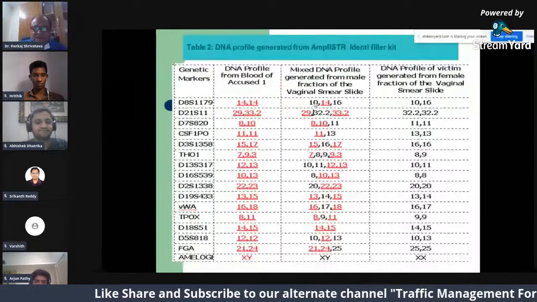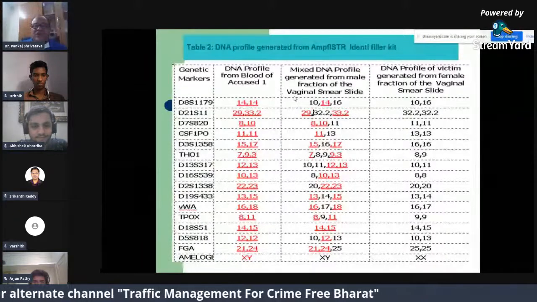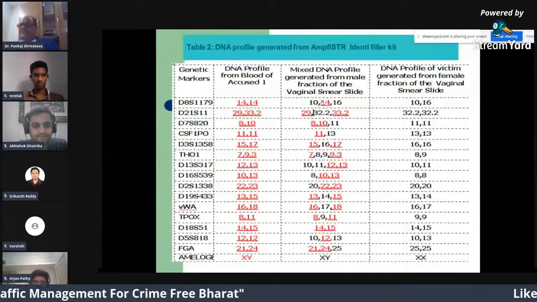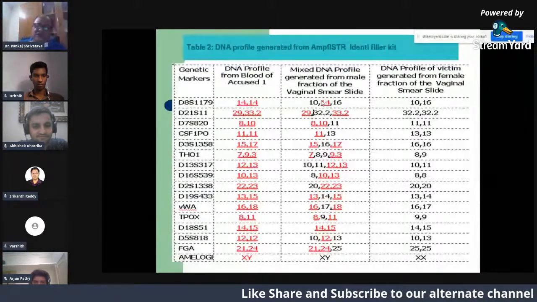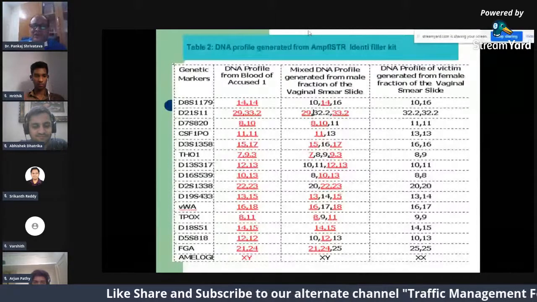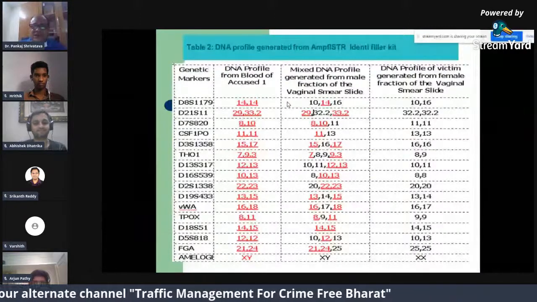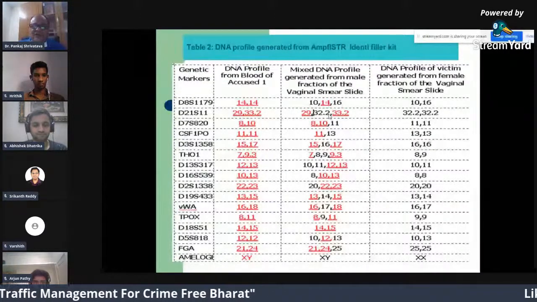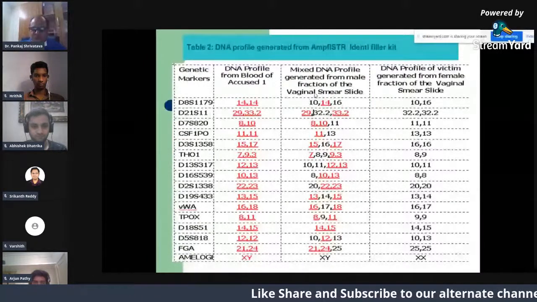Either this number will come from the victim or from the accused. There won't be any number which will come from outside. On every point, like on this point you see 10, 16 and 14, here 13.2, and 29 and 30.2, the presence of the accused was proved.